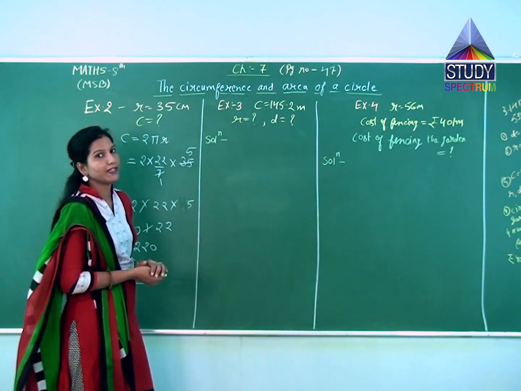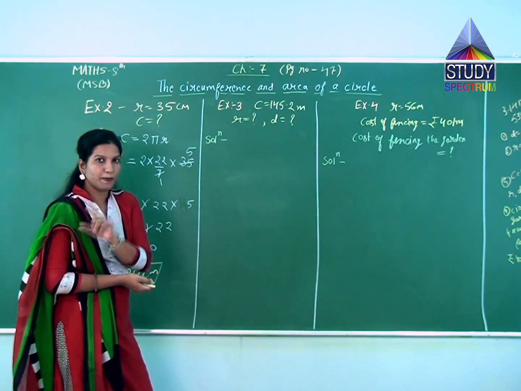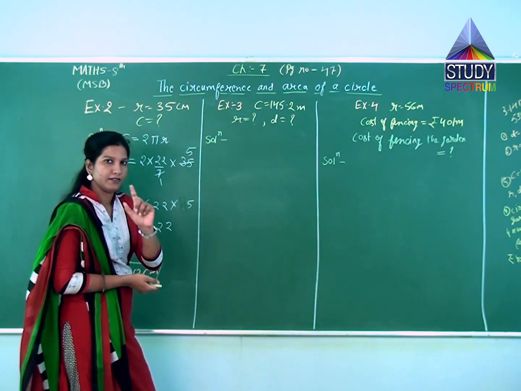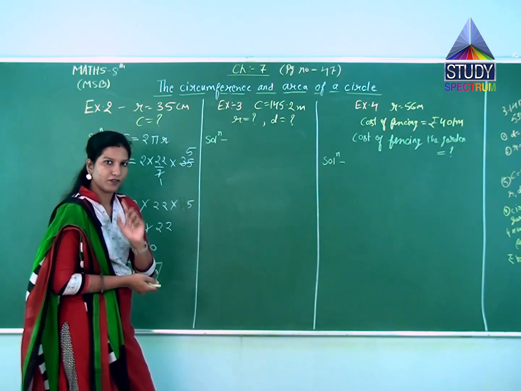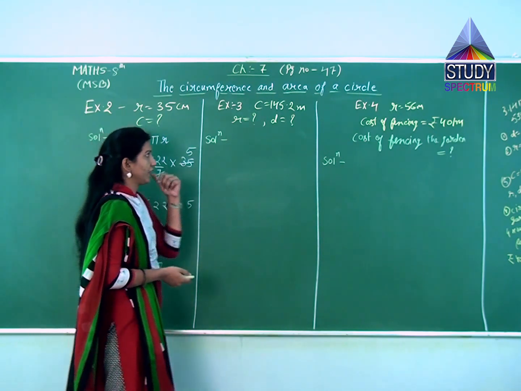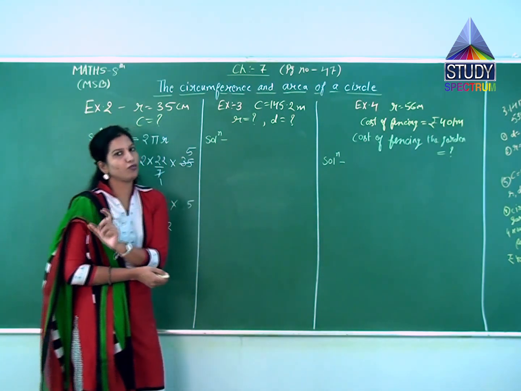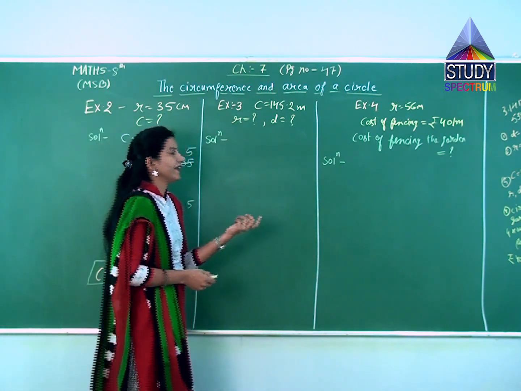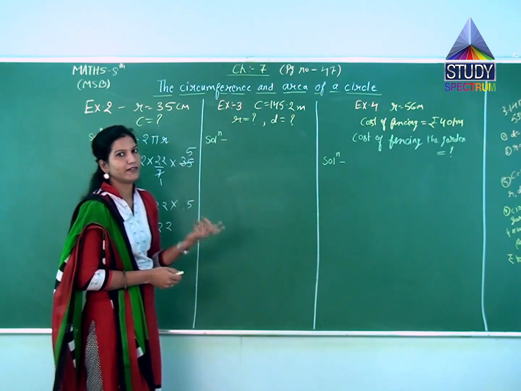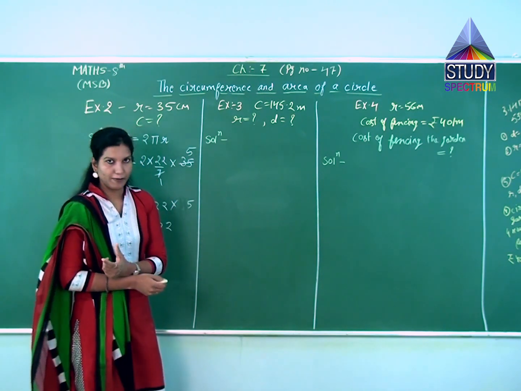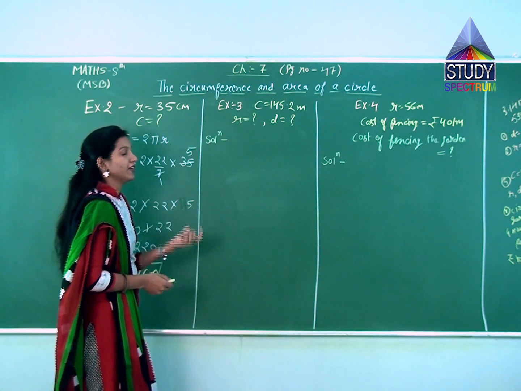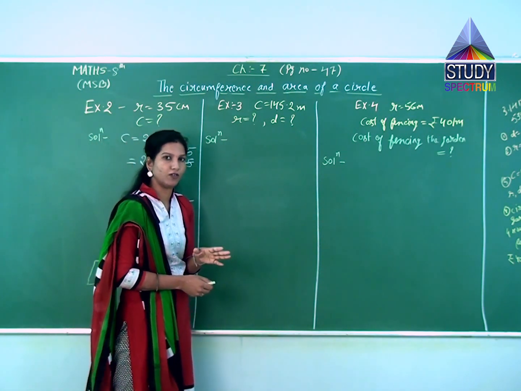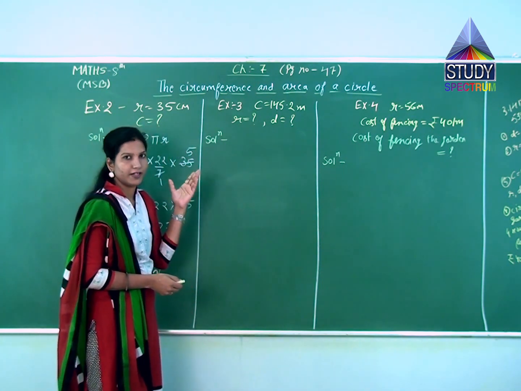First, we can apply the formula C is equal to pi d, and then find out d from there. And we can also apply the formula C is equal to 2 pi r and find out the value of r. If we get the value of r, then just double that value, and we will find our diameter. And if we get the value of d, then just half that value, and we will find our radius.